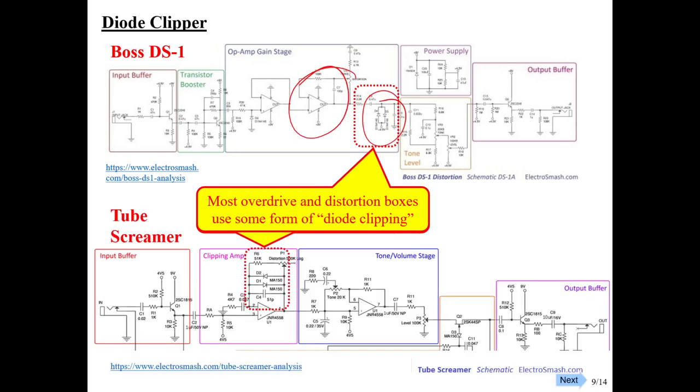And in the Tube Screamer, it appears here, again, back-to-back parallel diodes, in the feedback loop of some beloved op-amp chip. People go crazy trying to find that particular chip to make the original Tube Screamer circuit. But that's the idea. So here we have a clipping stage, and here we have a clipping amplifier with the clipping in the feedback.